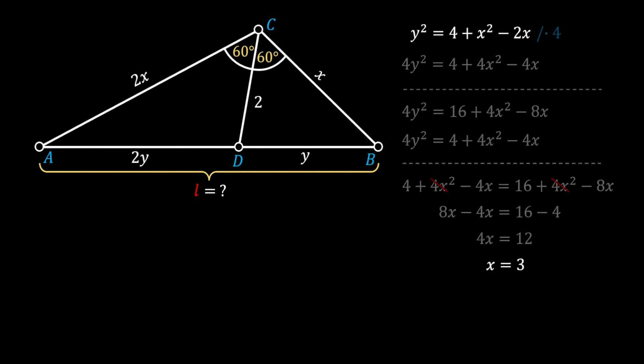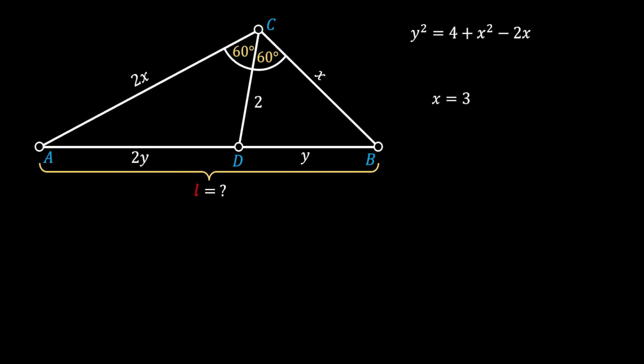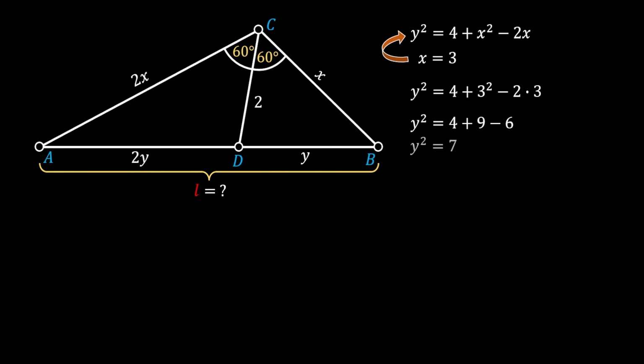Alright, so now we're going to take this value of x and substitute it into our first equation in order to get the value of y. If we do this, we will get the following. Now we're just going to work through this simple algebra and finally get that y squared equals 7, which means that y equals square root of 7.